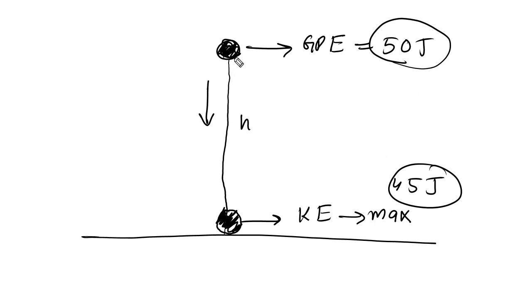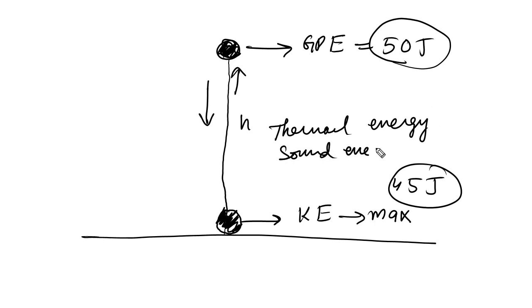That energy has been wasted within its journey from this position to this one, and that wasted energy is due to the air resistance. The air resistance will be upward and the ball is moving downward, so that air resistance will create some heating effect, and the 5 joule of energy will be wasted in the form of thermal energy and some sound energy as well. So that 5 joule has been converted into thermal energy and sound energy.